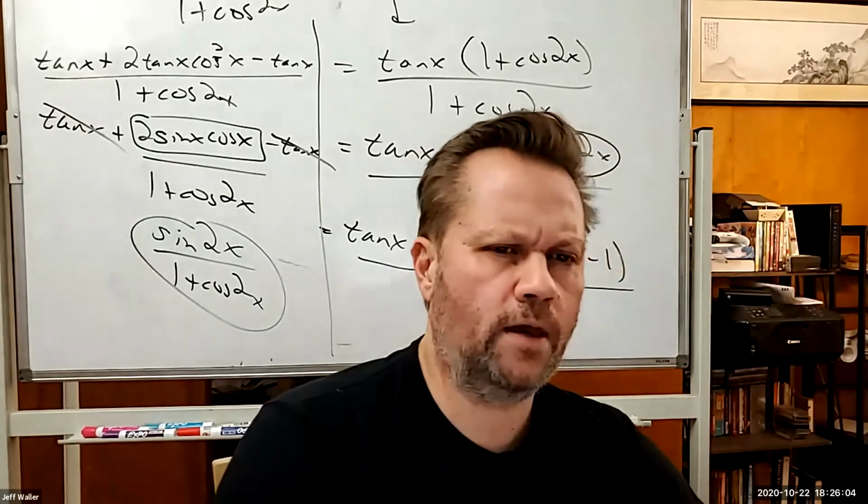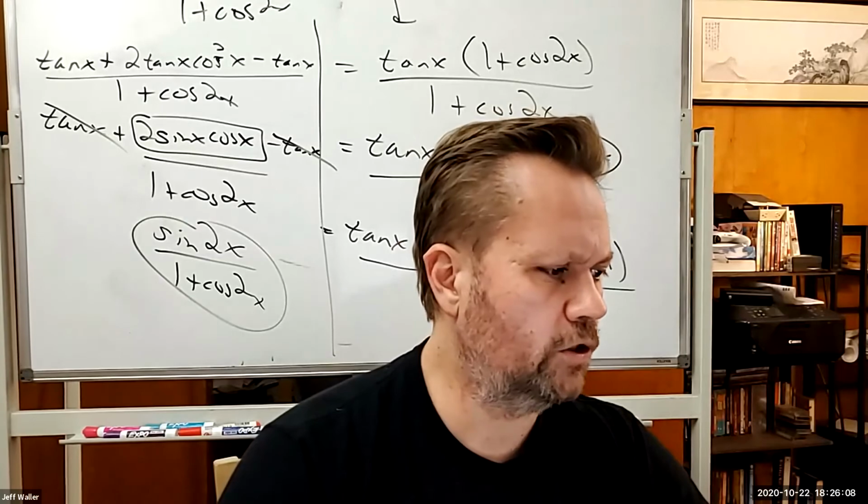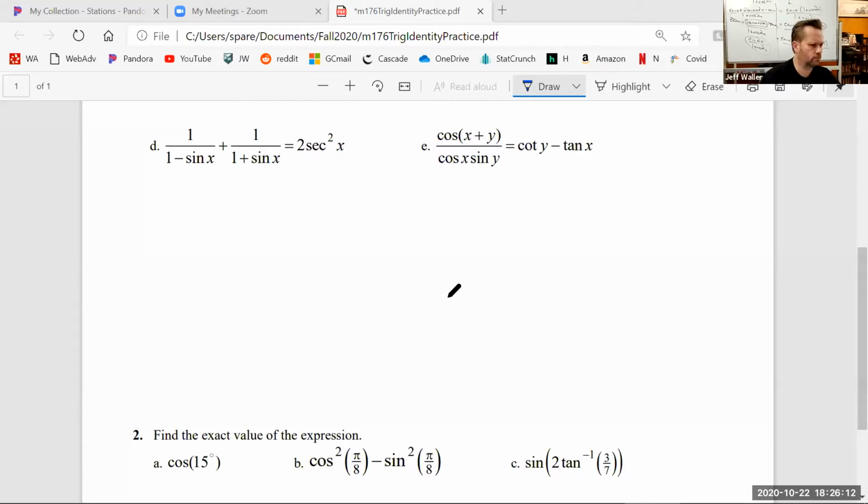Let me just ask you guys, what is the most obvious thing to try on this problem? Or is there an obvious thing? Is it completely not obvious? I mean, what is there to do on this side? You have to get rid of the ones in the denominator, and then you have 2 secant.